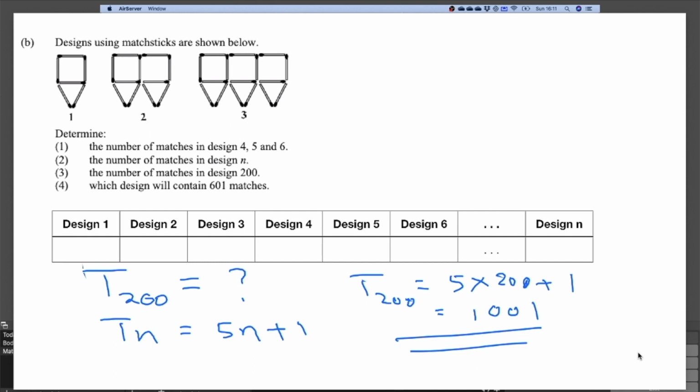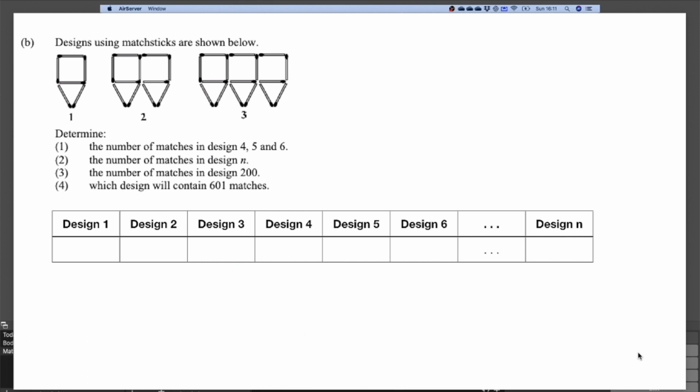Question 4 is asking which design will contain 601 matches. Once again, we use the same formula. Tn is equal to 5n plus 1. But in this case, we are given Tn. Tn is 601, so we put 601 here, which is equal to 5n plus 1. So when they ask which design will contain 601 matches, they are asking for the position of 601.